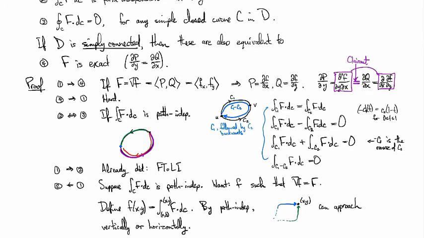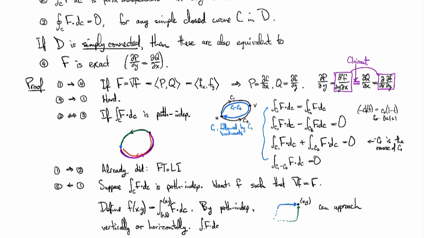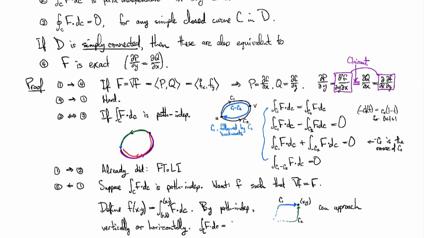Okay, so let's see then. If we look at the integral over either of these paths, say this is C1 and this is C2, and I'll just let C be one of those. Then in terms of components, we've seen that this is the integral over C of p dx plus q dy.